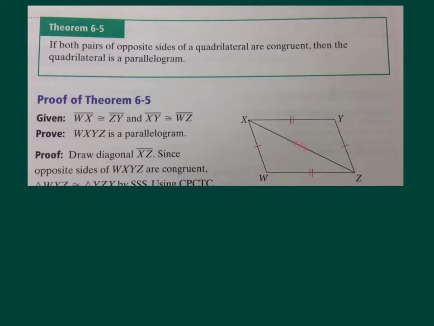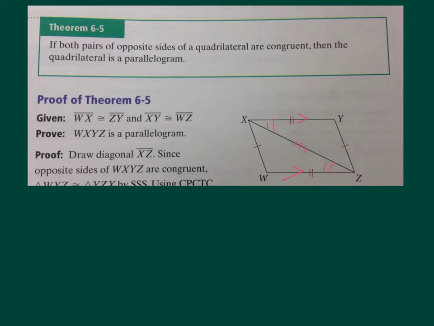Well, by CPCTC, we would be able to say that angle WZX is going to be congruent to angle YXZ by CPCTC. And if that's true, then the top is going to be parallel to the bottom by, if alternate interior angles are congruent, then parallel lines. Then we do the same thing for the other two sides.